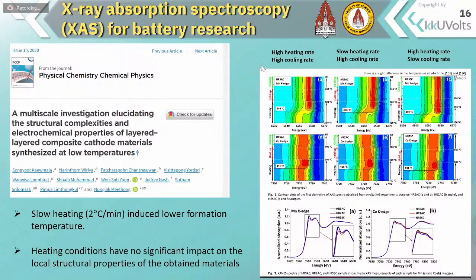The results show that a slower heating rate induced a lower formation temperature, and from XANES spectra, it can be seen that heating conditions have no significant impact on the local structural properties of the obtained materials.